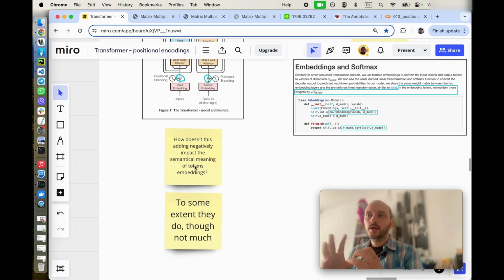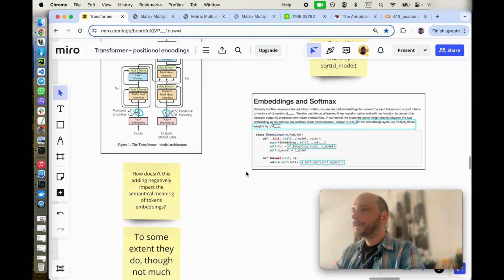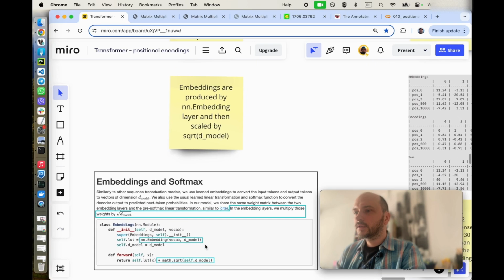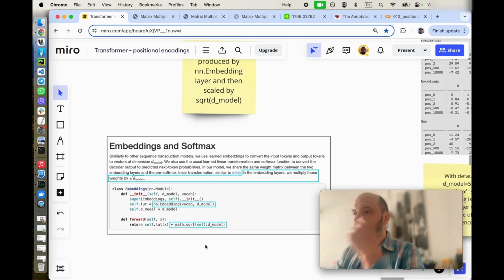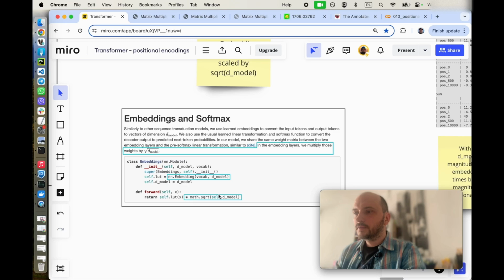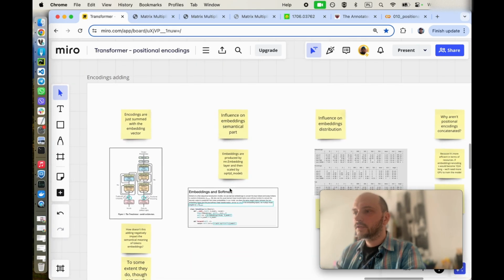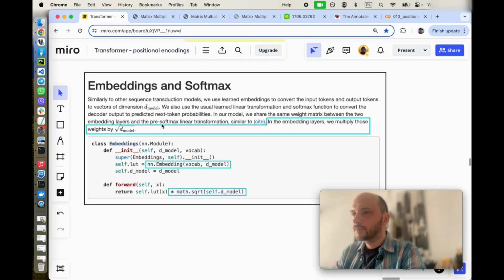We sum them up, and embeddings are completely masked by the added vector of about the same magnitude. But in reality, in the paper, the authors say that embeddings are multiplied by the square root of d_model. They say it over here in the original paper.